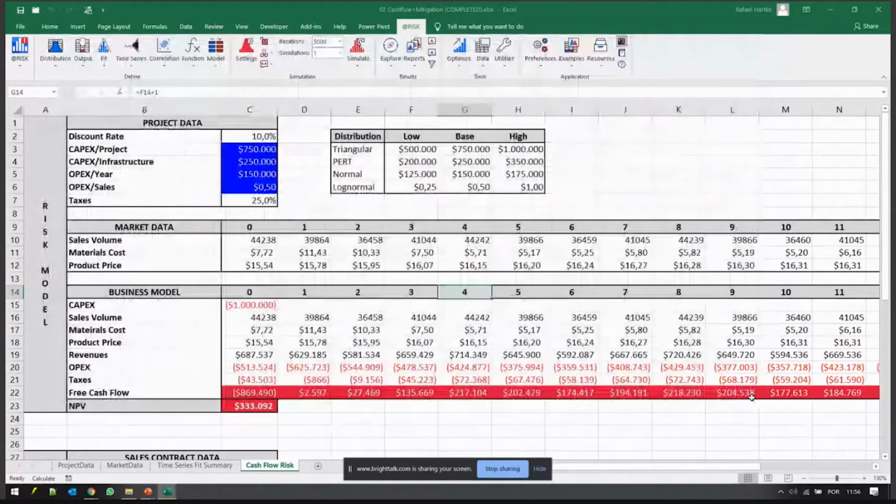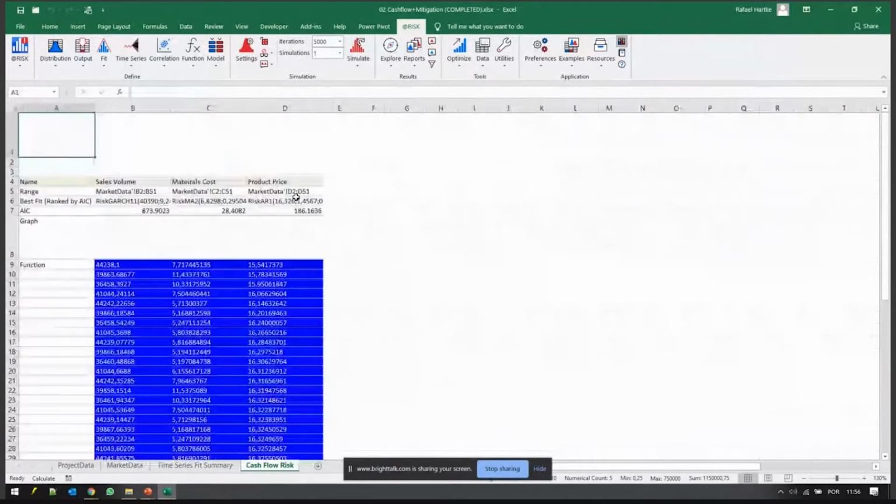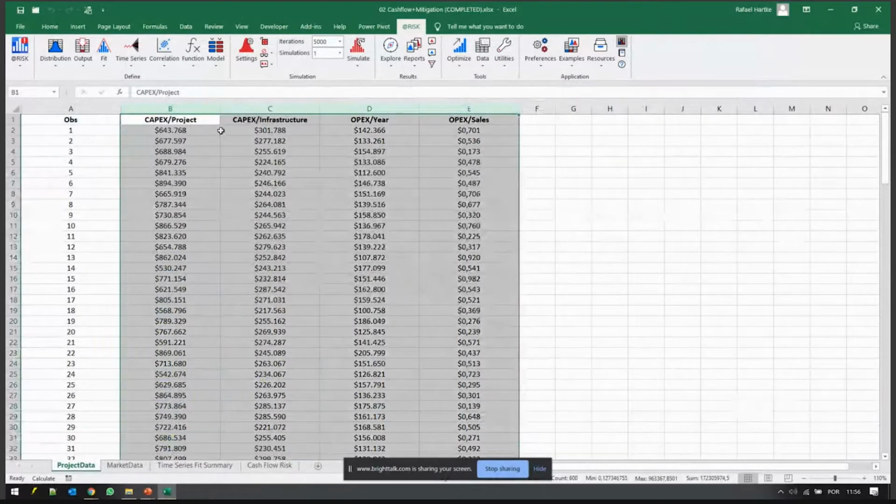Okay, another thing we can do besides modeling distributions per se, in @RISK we have fitting capabilities. So imagine you have historical data for your other projects and have historical data to try to guess what distributions represent the data. You can do that with distribution fitting.